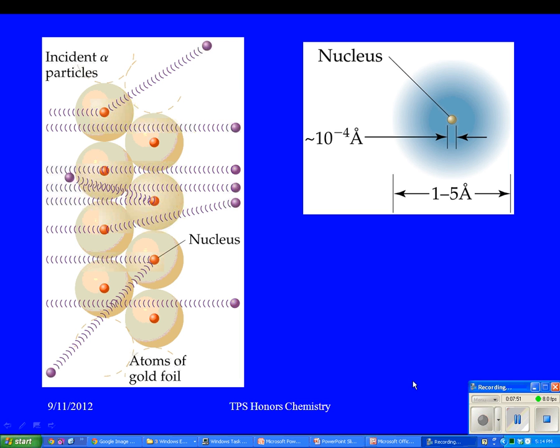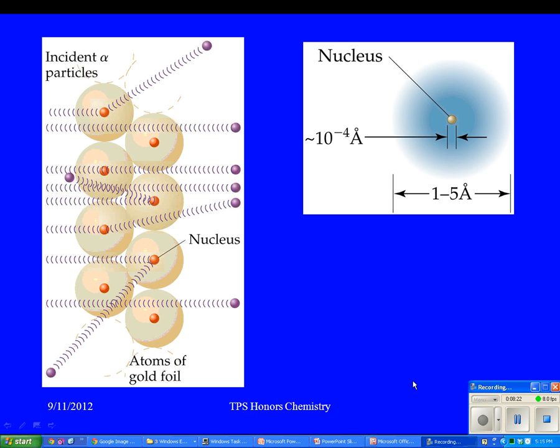Again, here's a depiction of what Rutherford was proposing for the structure of the atom. You can see in the diagram on the left, you have the nuclei, which in this picture are actually rather large compared to the atom. If you look over on the right, you can see that the size of the atom is anywhere from 1 to 5 angstroms, an angstrom being 10 to the minus 10th meters.